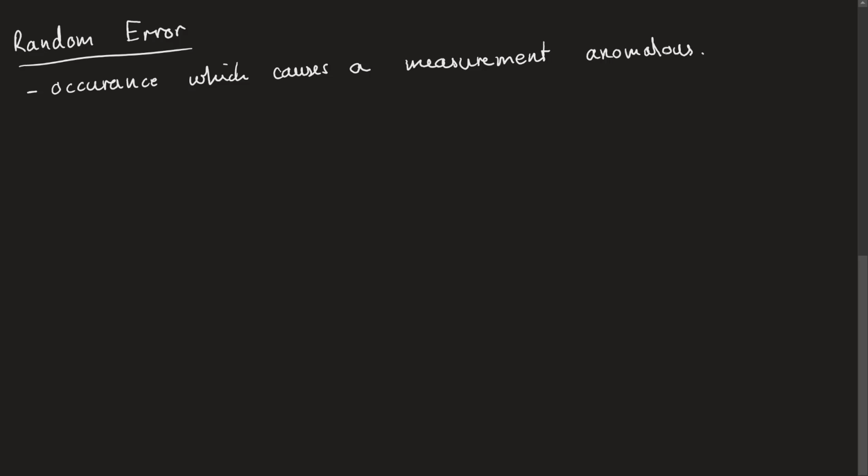Well, an anomaly is just a piece of data that doesn't fit with the rest of it. So, for example, if we were measuring this length of wire again, and I got 23 centimeters, I got 24 centimeters, and then someone came along and said it was 12 centimeters, I know this is an anomaly because it's nowhere near what these are saying, and so this has to be wrong.